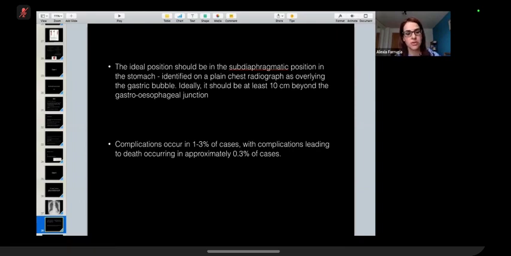Complications with NG tube insertions occur in about 1 to 3% of cases, and they are very important to identify. So these are cases where you grab the phone and call the team to remove the NG tube, advise them it's not safe to use, and it needs to be reinserted.